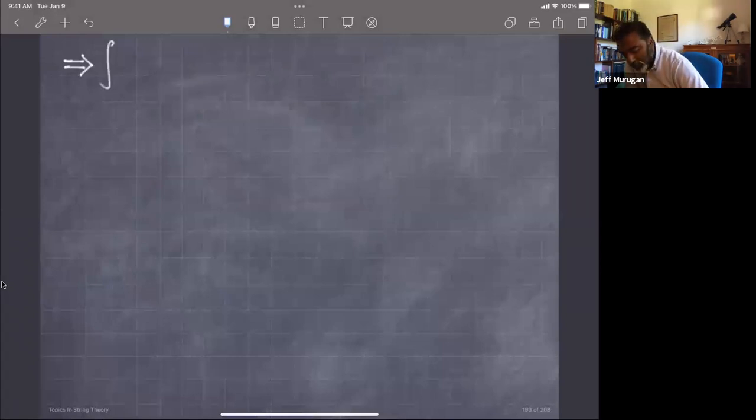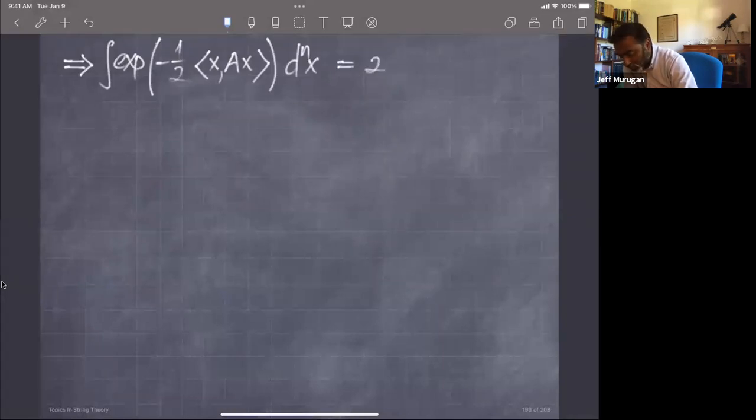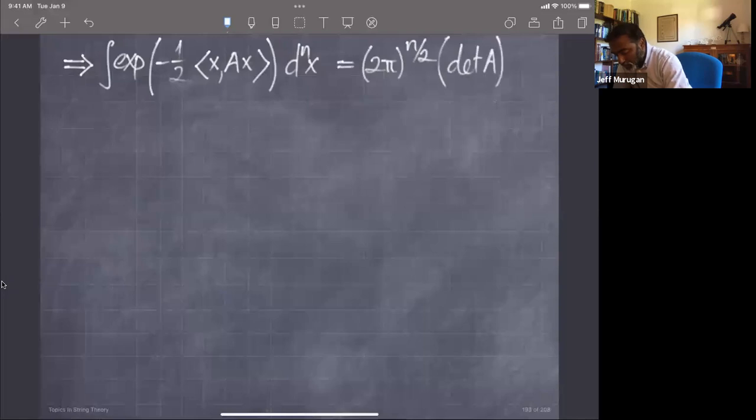The integral, running from minus infinity to infinity, of the exponential of minus a half of x inner product Ax, dnx, is 2 pi to the n over 2 times 1 over the square root of the determinant of A. Okay. Can everybody see that?